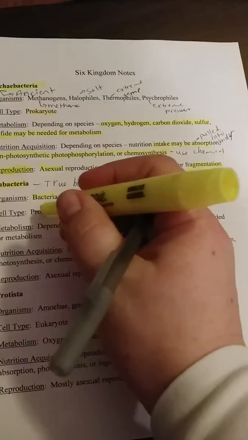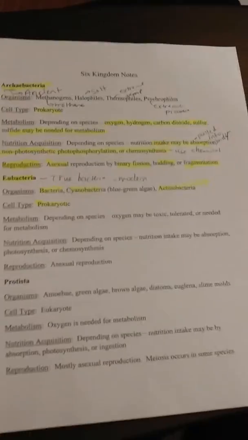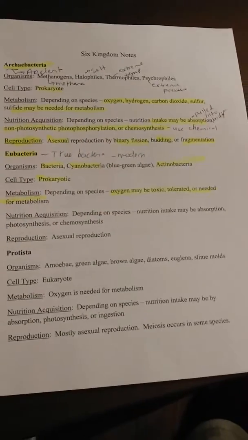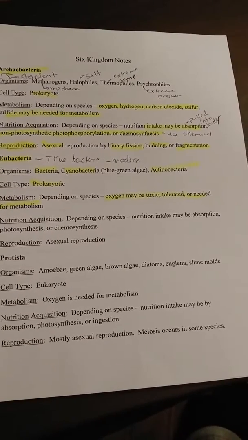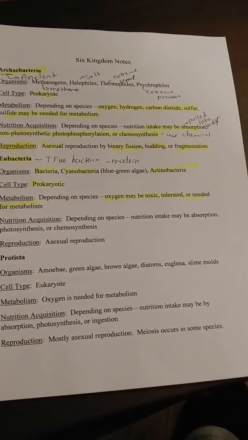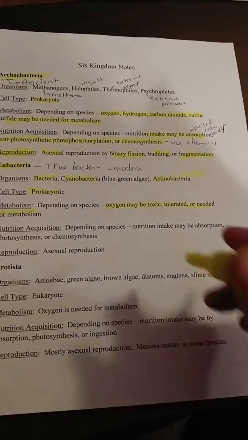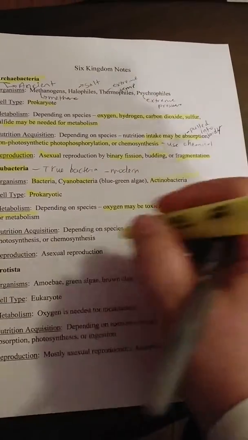Once again, these are prokaryotic, so they're single-celled. And depending on the species, oxygen may be toxic to it, tolerated, or needed for metabolism. It's all over the board. Nutrition acquisition depends on the species. The nutrition may be absorption, photosynthesis, or chemosynthesis.